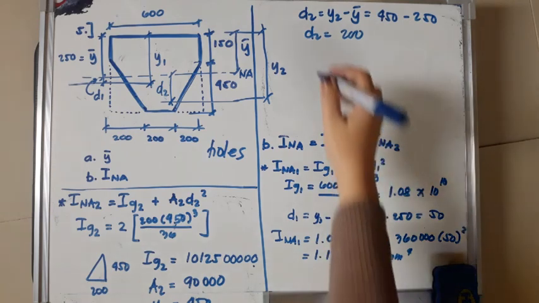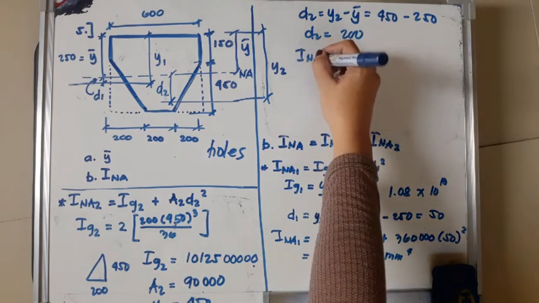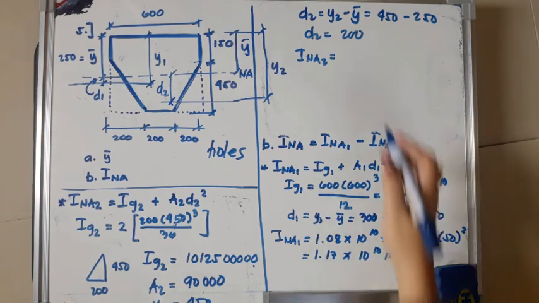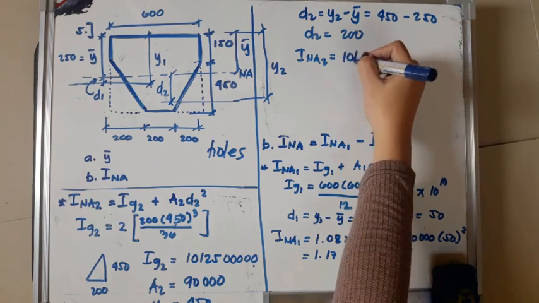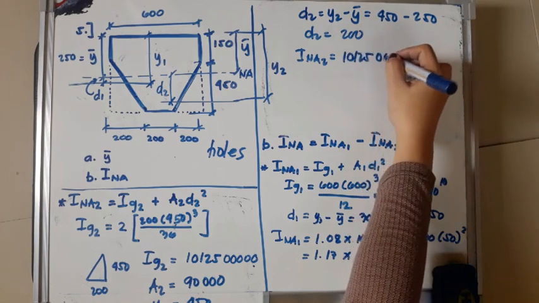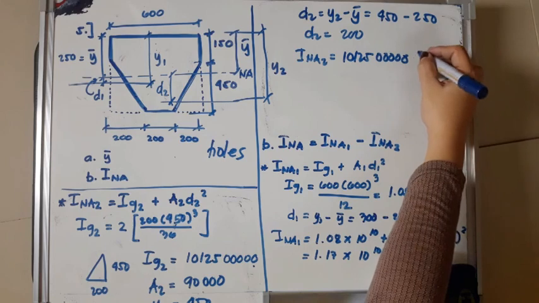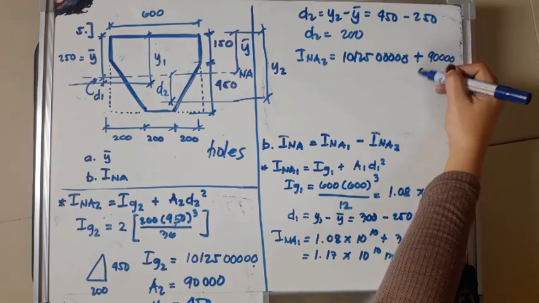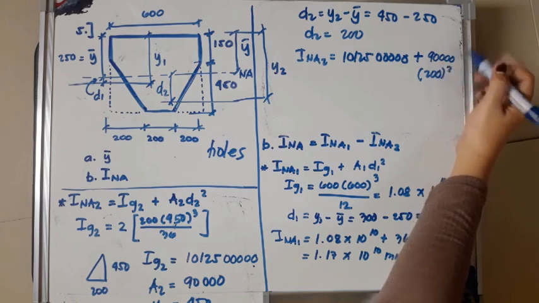Now we can solve for I of A2. So this is very easy as long as you are following the process. Okay? So this is Ig2, 10125, plus area 90,000 times 200 raised to 2.